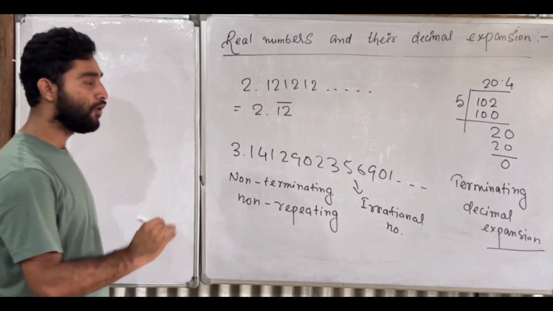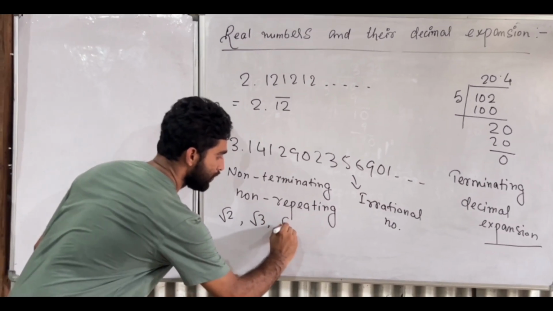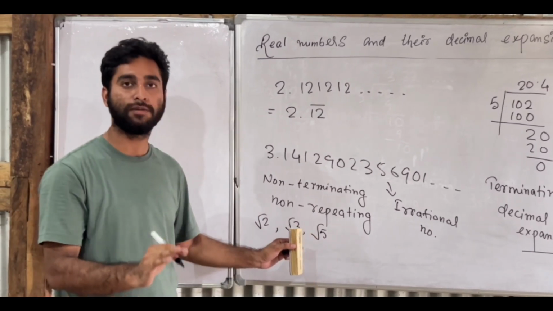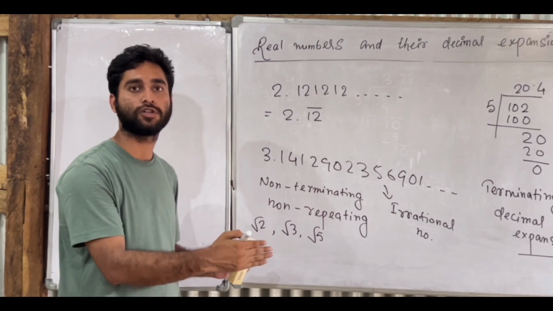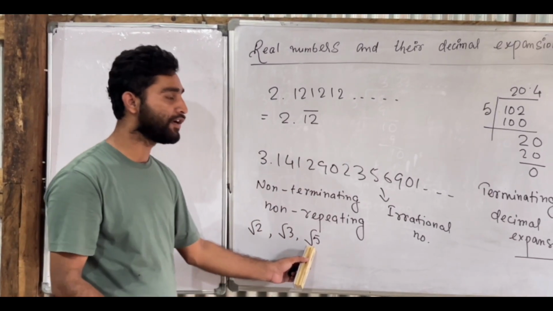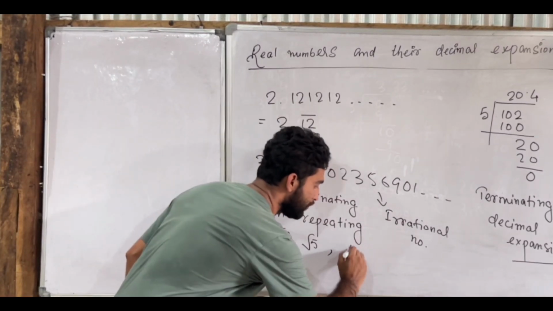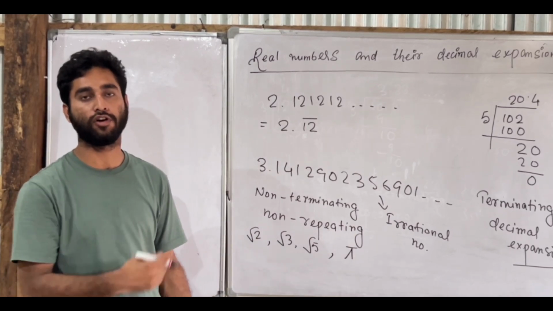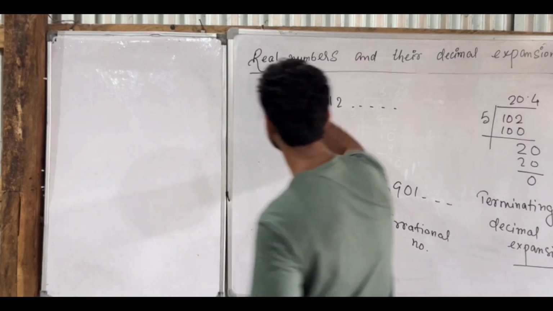That is why all our imperfect square roots, for example root 2, root 3, root 5, if we calculate their values, we will find that the decimal expansion is non-terminating as well as non-repeating. That is why these imperfect square roots are examples of irrational numbers. As well as if we calculate the value of pi, we will find its decimal expansion also non-terminating non-repeating.